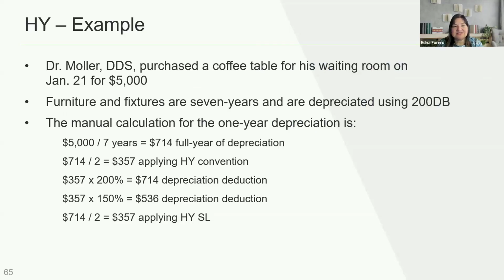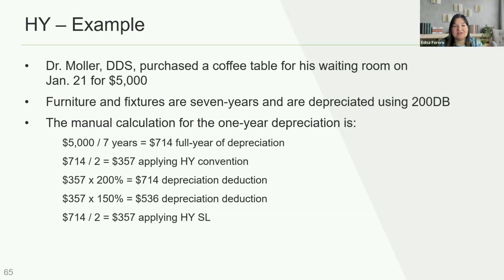If we have a doctor or dentist who's purchased a coffee table for his waiting room for $5,000 in January, so again, for 6 months of the year, his furniture and fixtures are considered 7-year class life and are depreciated using the 200 DB. So the manual calculation for that 1-year depreciation is 5,000, which is the cost, divided by 7 years, will give us $714 for a full year of depreciation.